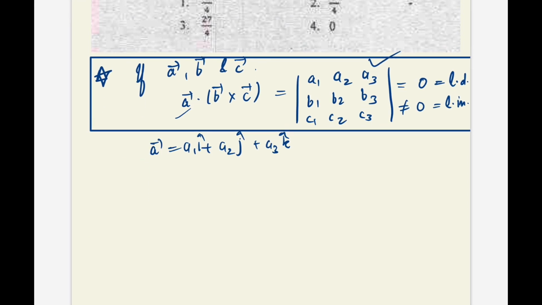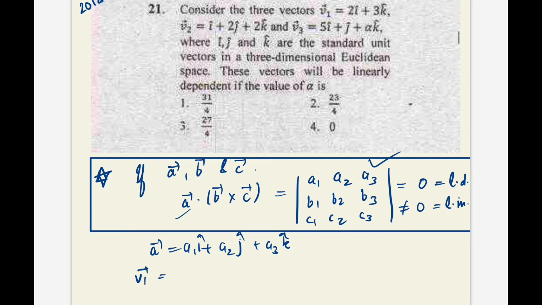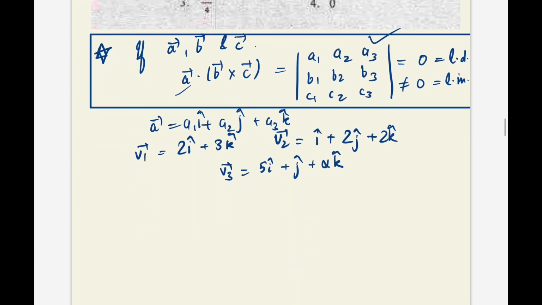Now we will put in our equation. v1 is provided as 2i plus 3k, v2 is given as i plus 2j plus 2k, and v3 equals 5i plus j plus alpha k. Now we will substitute in the condition which I have already quoted in the box.